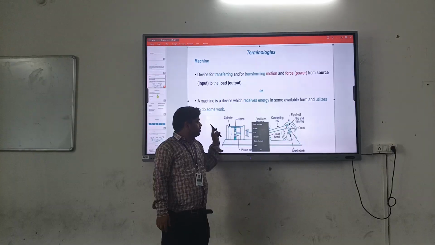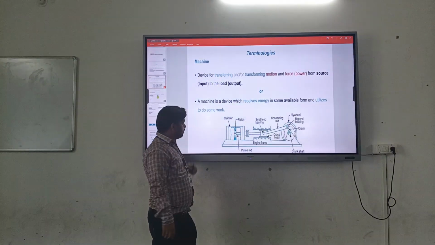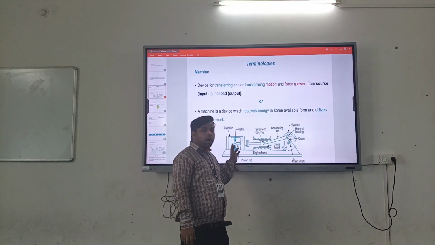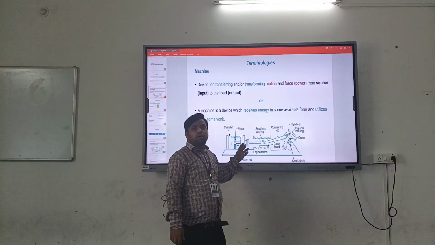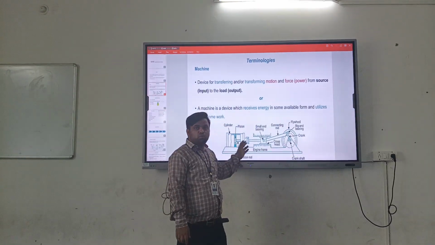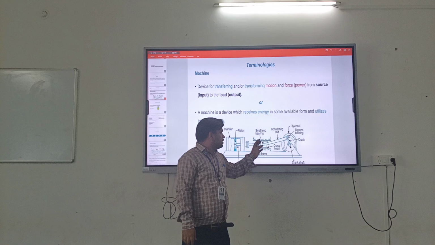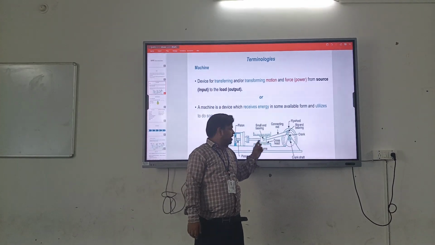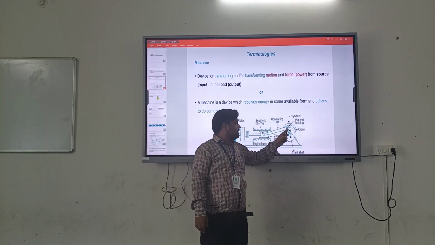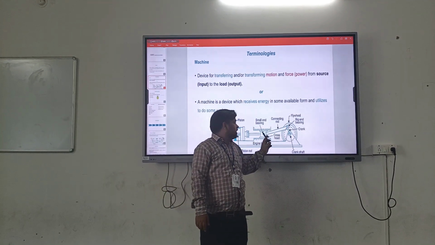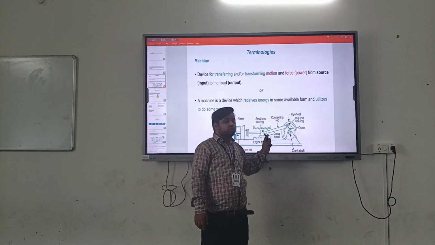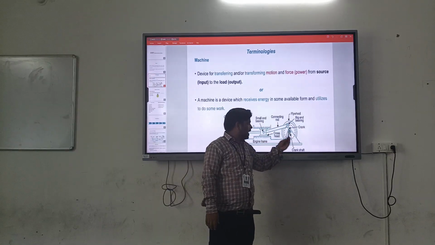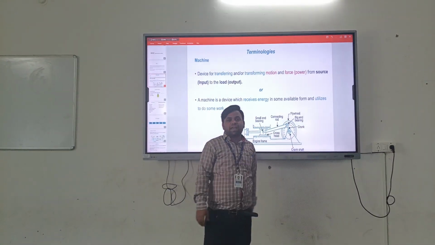So the piston moves forward, and this motion, called reciprocating motion, having to and fro motion continuously, is transferred to the small end bearing connected with a crosshead, which is further connected to the connecting rod. Through this, the reciprocating motion is converted into rotatory motion, which is further connected to the crank and attached with the flywheel.